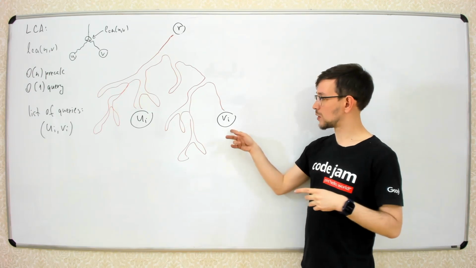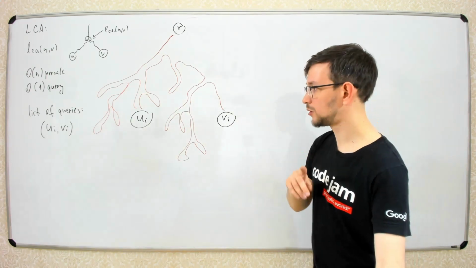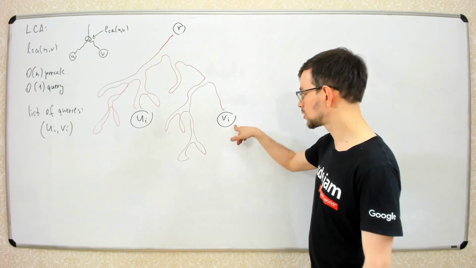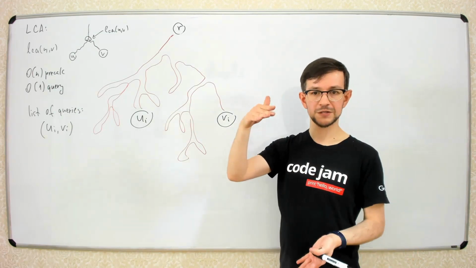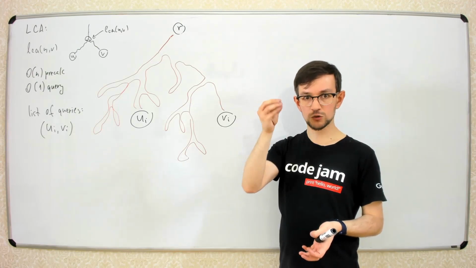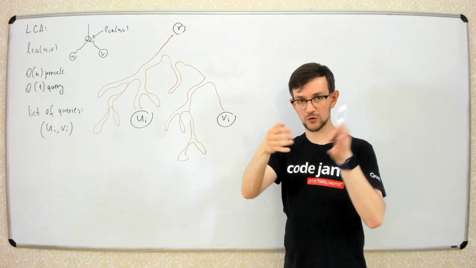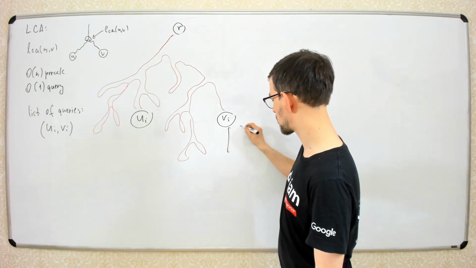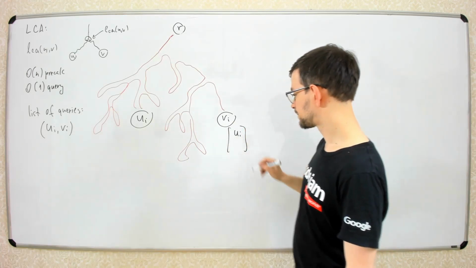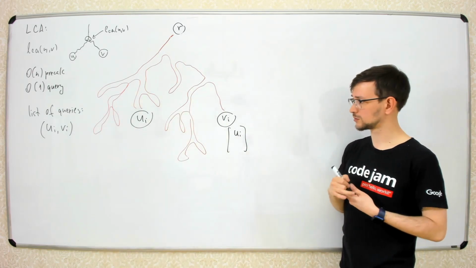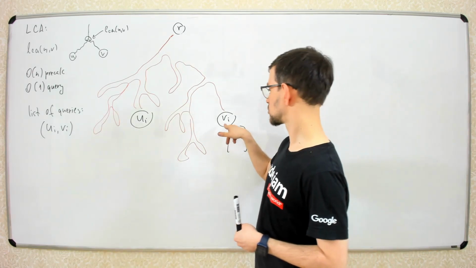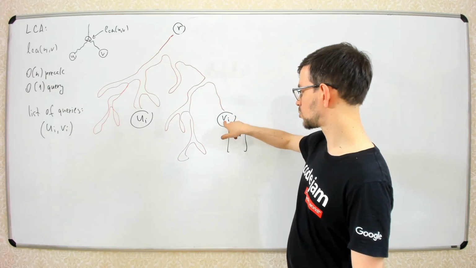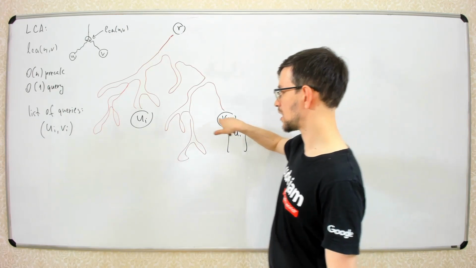So how to answer this query? First, we need to maintain this query for each node. So each node will maintain the list of queries which use this node as one of the nodes of the query. So for this node, we will remember the list of queries connected to this node. For example, we have this query. So when we visit this node, we need to calculate the answer for this query.